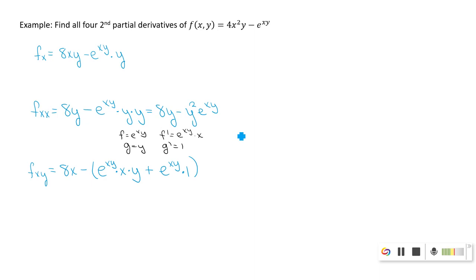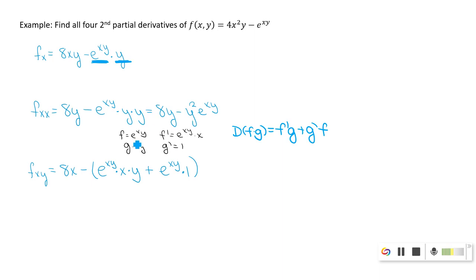So using my product rule, again, the derivative of a product, f times g, is f prime times g plus g prime times f. So I'm going to call f the e to the xy, g is just the y. And again, I'm taking the derivative with respect to y now.